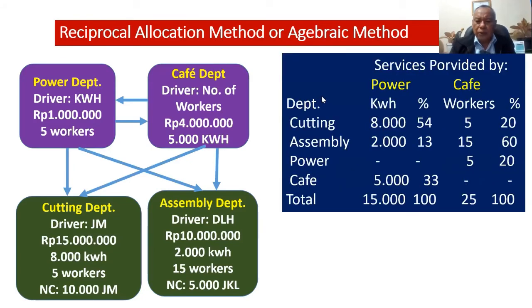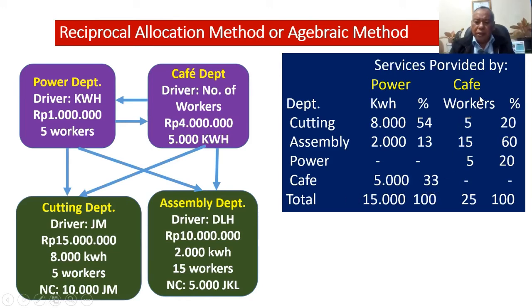In order to make the equation, we need to determine the percentage or ratio of services provided by each service department. So in this case, power provides service, and we are using the driver kilowatt hours. So we divide by the total. So we find power provides service 54% to cutting, 13% to assembly, and 33% to cafe.